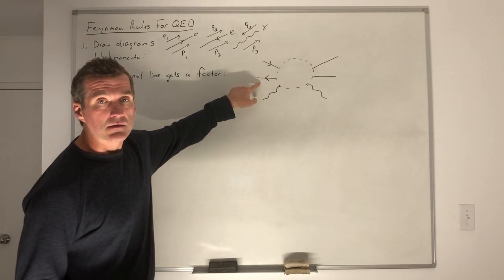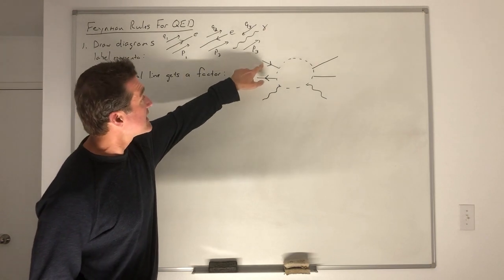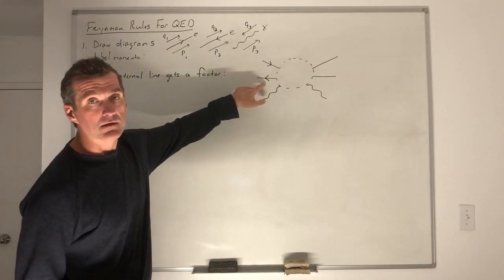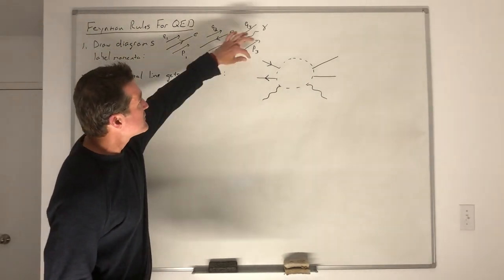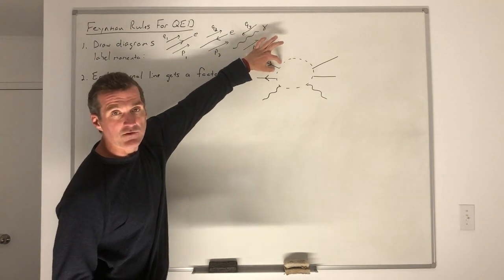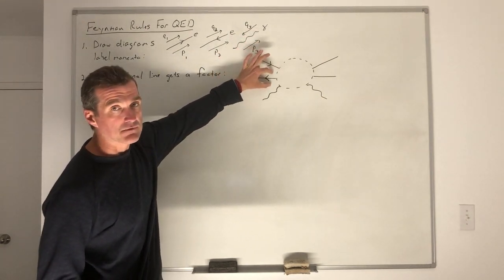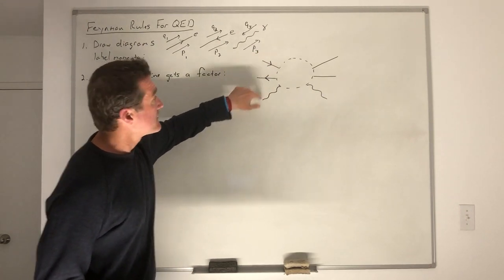An electron? So this could be an electron. What does this have to be? An anti-electron? It's an anti-electron. So this is when a particle comes into the interaction, and this is when an antiparticle comes into the interaction. Okay? Photons coming into the interaction.